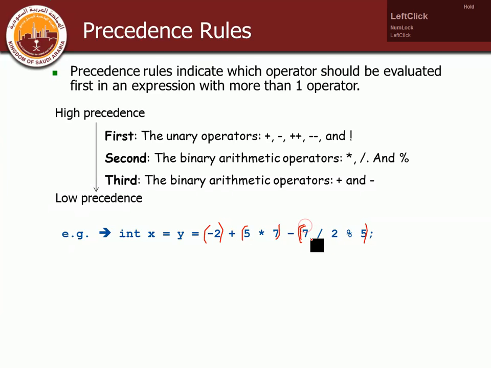The one on the left. If I have several operators on the same level, like these ones, I always go from the left to the right. And the last thing I'm going to do is the plus and minus. So I have this plus and minus, so this is going to be calculated first, and the result is going to be added to the result.